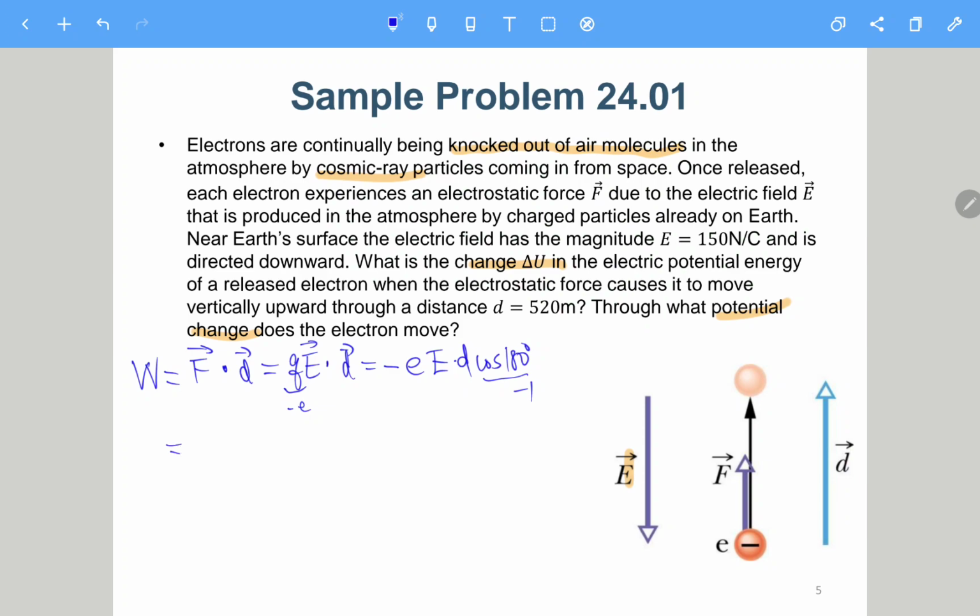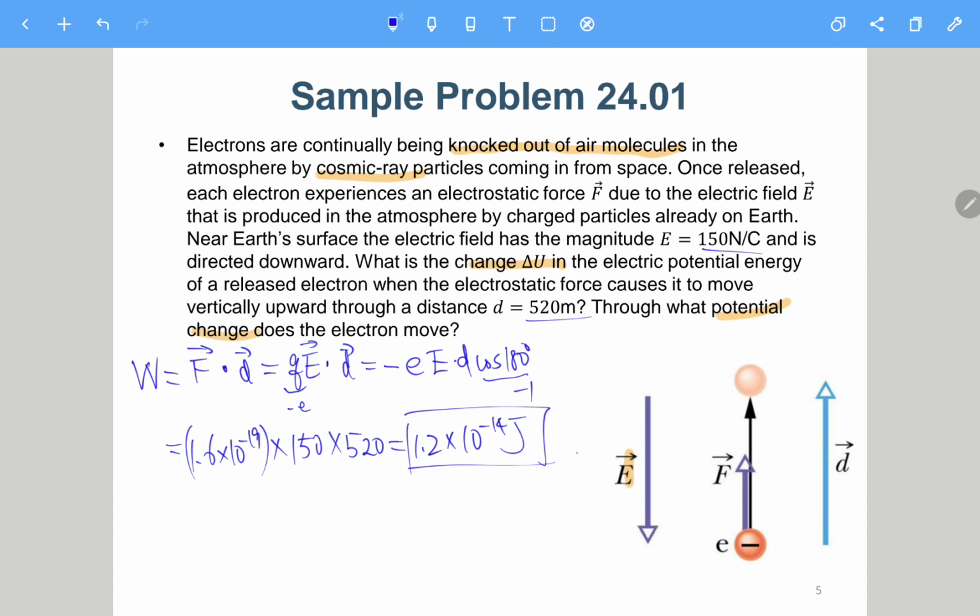So here Q will be 1.6 times 10 to the minus 19, and then times E, which is 150, and then times D, which is 520 meter. All the variables are in SI units. So the final value is 1.2 times 10 to the minus 14 joule.